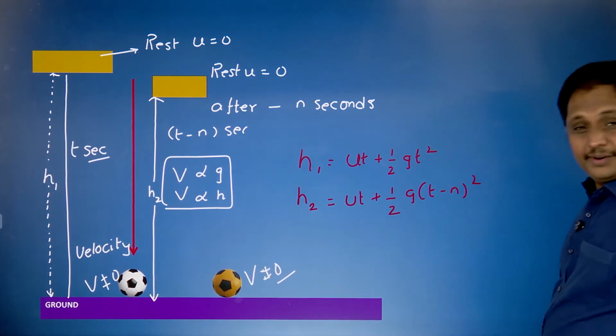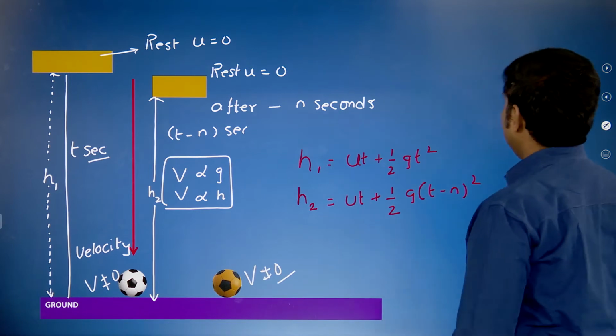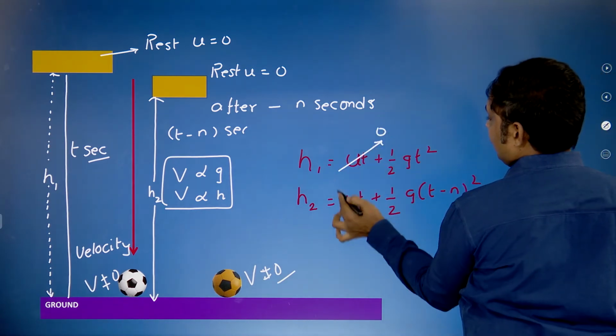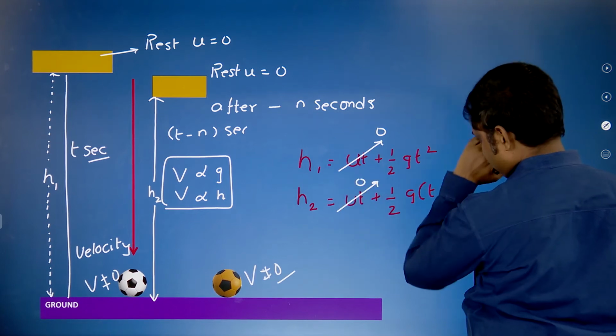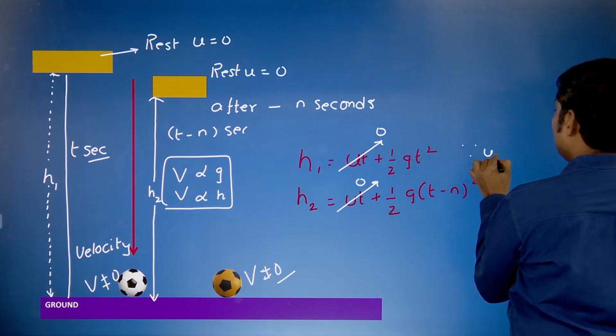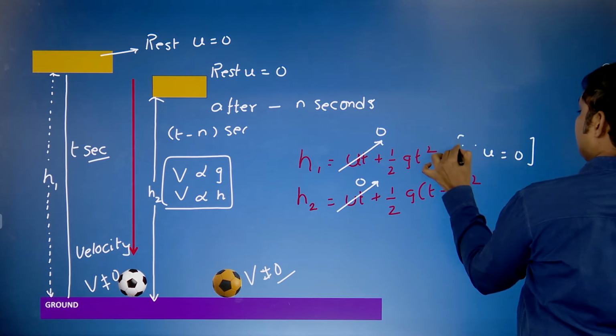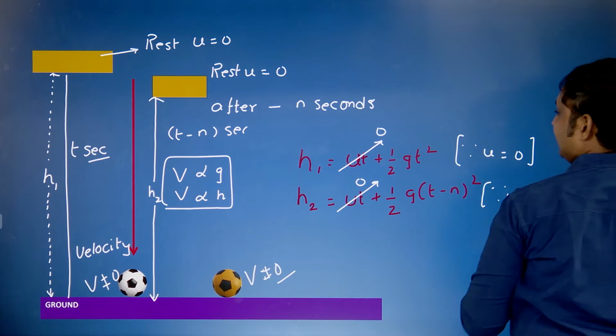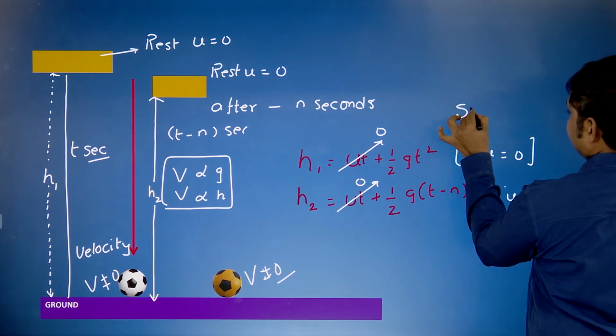But the initial velocity is going to be 0, since u is equal to 0. It starts from rest.